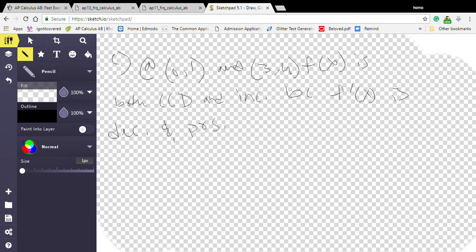So this is our answer to number C, and you get 1 point for mentioning these two intervals and 1 point for this justification.